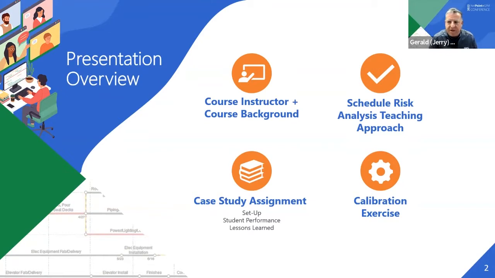Talk about the case study assignment, where we were using both NetPoint and NetRisk as tools for the students to prepare a schedule model and then bring the schedule model into a simulation tool. And then lastly, talk about something interesting that was almost an add-on to the course about calibration in terms of inputs to cost and schedule risk analysis models, and some things I learned in that exercise that I did with the students.